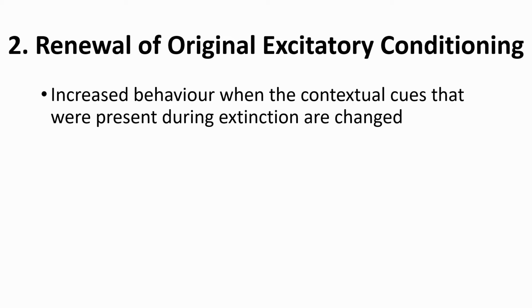So typically in renewal experiments, acquisition will occur in one context, usually just called context A, and extinction training occurs in context B, which is just a second context. And so if you remove that individual from context B, maybe you bring them back to context A, or you bring them to a new context, which is context C, then you tend to see a reappearance of that conditioned responding.